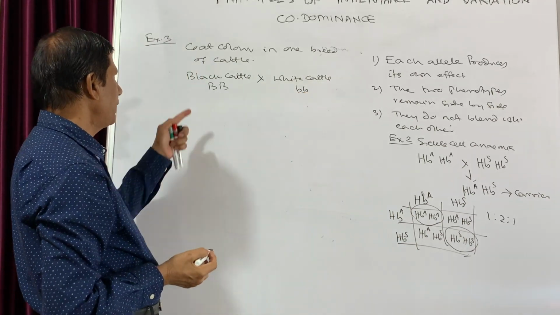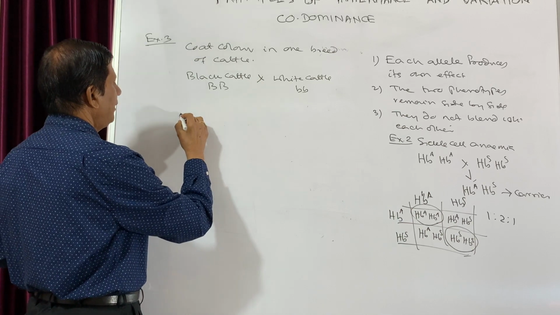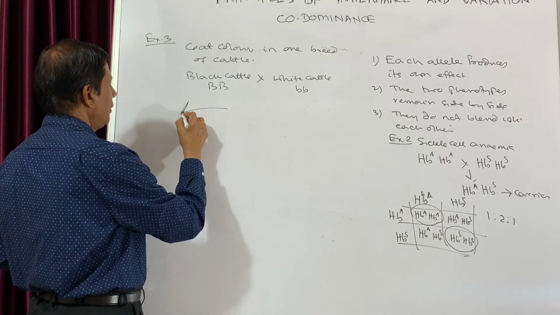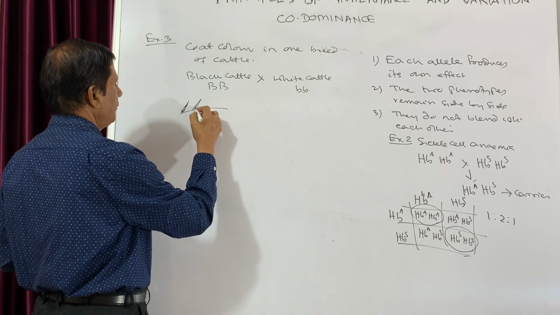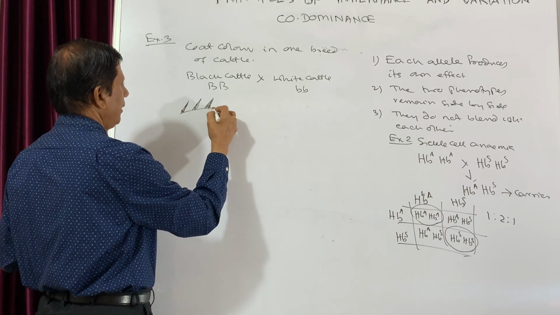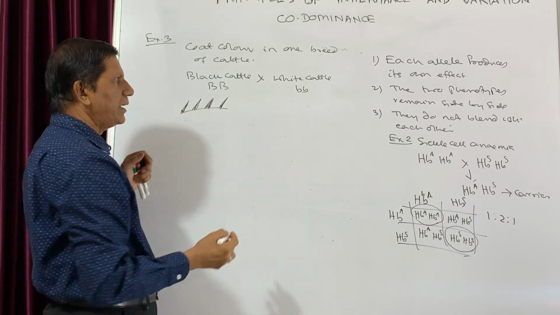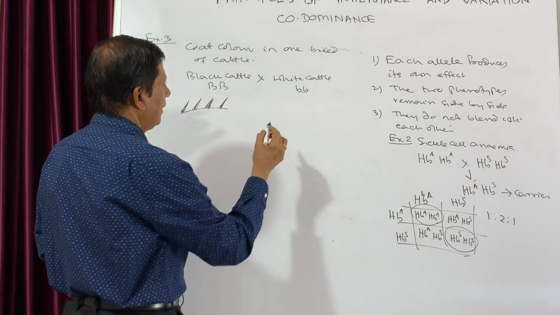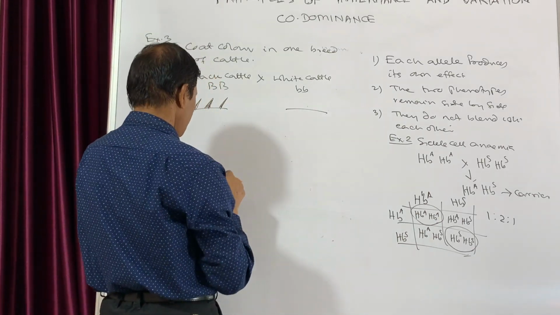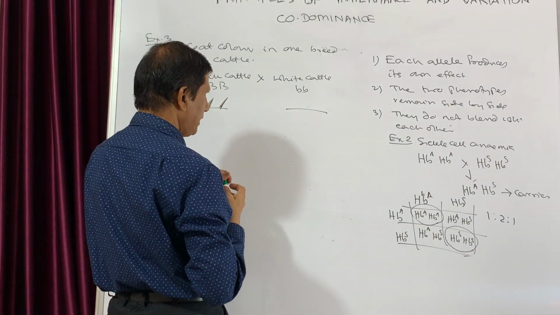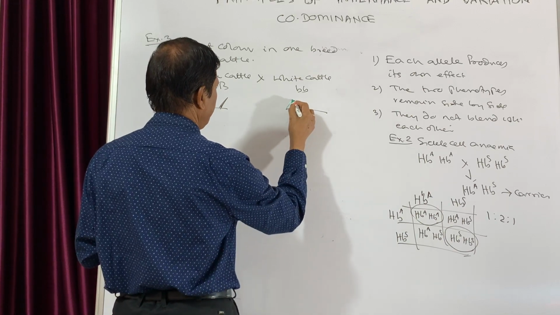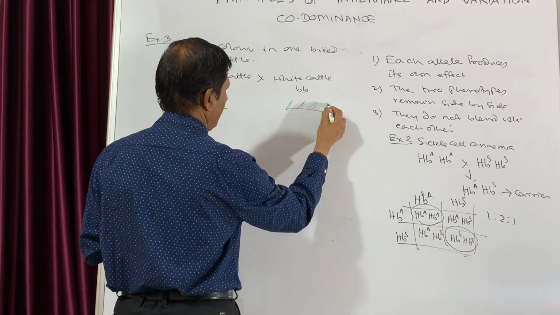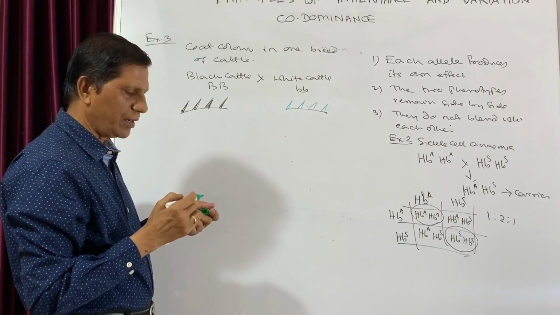Usually in the black cattle we will find the hairs are black. Black hairs are there. And in case of white cattle, there are hairs, but these hairs are usually white. Though I am drawing green, they are white.